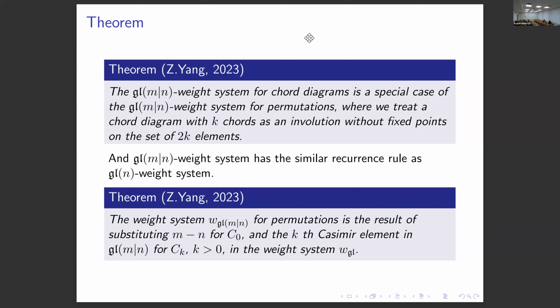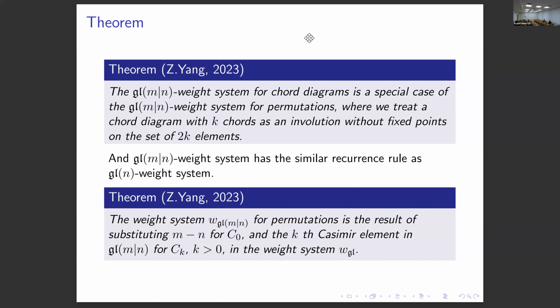So in that case, you don't need to do the projection. Here we assume that you do not do the projection of the higher Casimir elements to the lower elements, so this is also a polynomial in the infinite elements C0, C1, and so on. Then you get to the universal case, and in this sense they are the same.